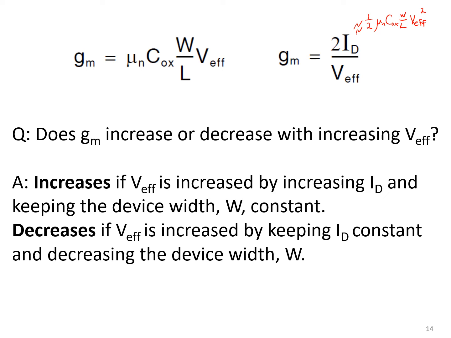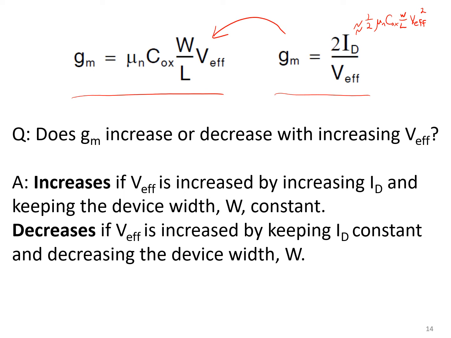And so if we make that substitution, you actually end up with the expression shown on the left, in which V effective now appears in the numerator. So based on the expression on the left, it would appear that transconductance increases with increasing V effective, but based on the expression on the right, it appears that GM decreases with increasing V effective. So which is it? Well, they're both correct.